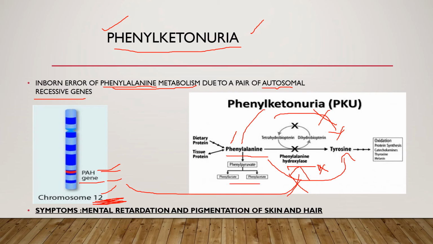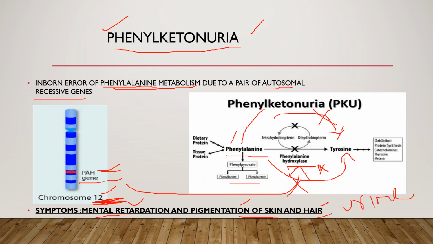Phenylpyruvic acid and other derivatives cause severe mental retardation. Because of accumulation of phenylalanine and phenylpyruvate and its derivatives, it causes mental retardation, pigmentation of the skin and hair, and phenylpyruvic acid will be excreted in the urine.